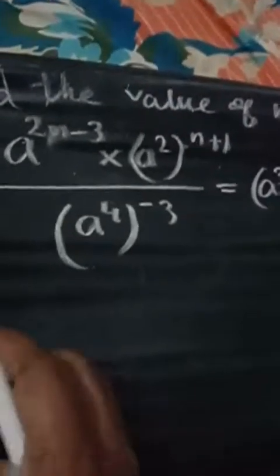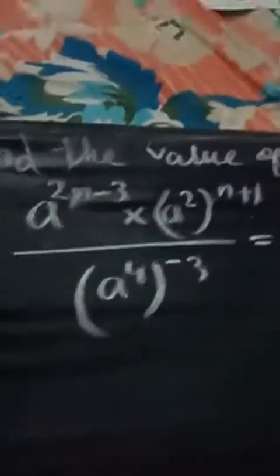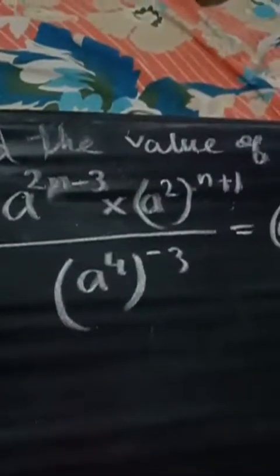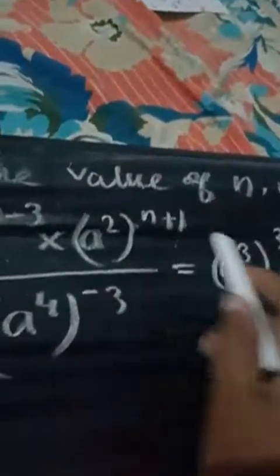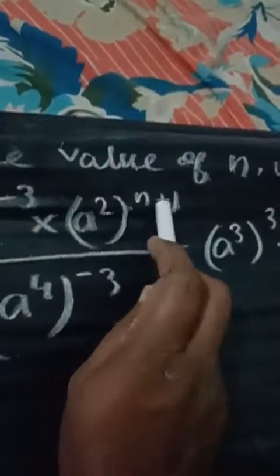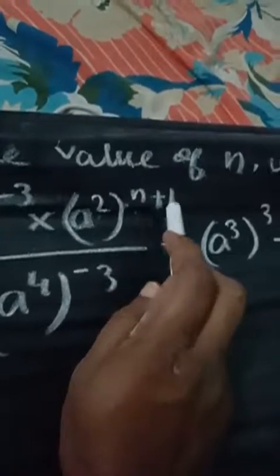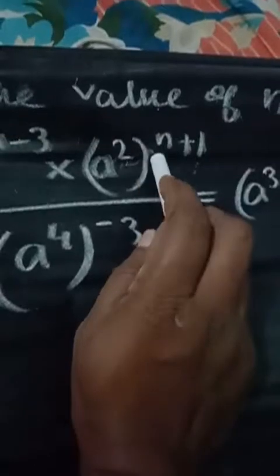In the question, (a²)^(n+1) is there. This is the power of a power form: (a^m)^n is a^(m×n).